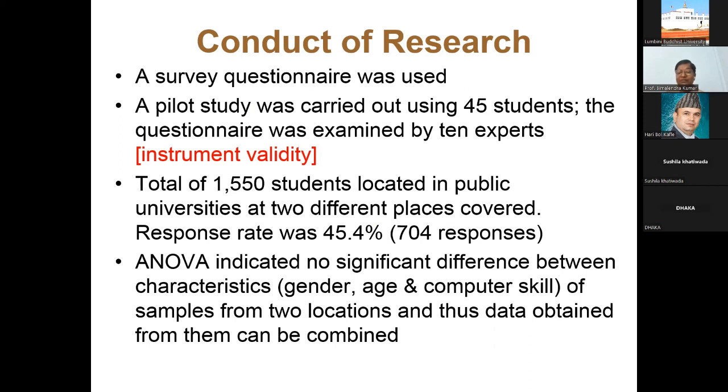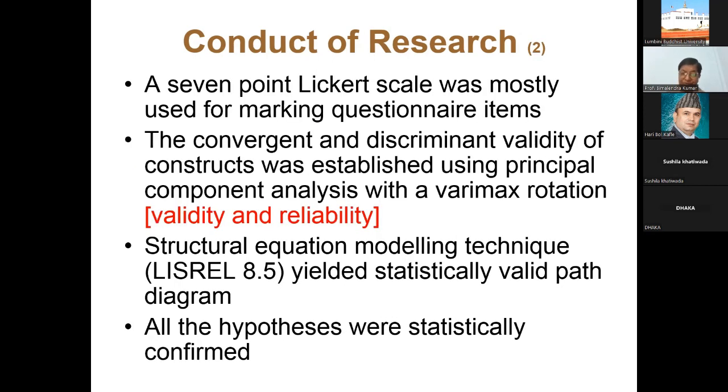ANOVA indicated no significant difference between the characteristics, gender, age, and computer skill of the samples from the two locations, and thus data obtained from them can be combined. Again, a 7-point Likert scale was used for making questionnaire items. The convergent and discriminant validity of the constructs was established using principal component analysis with a Varimax rotation. So here validity and reliability were checked.